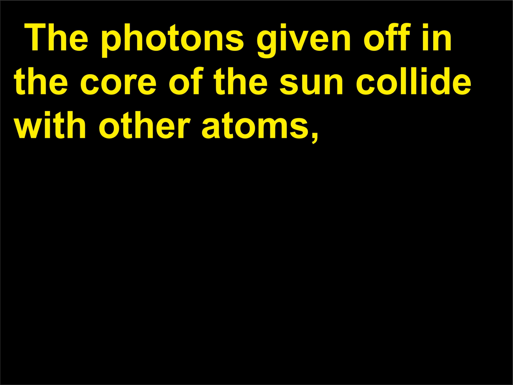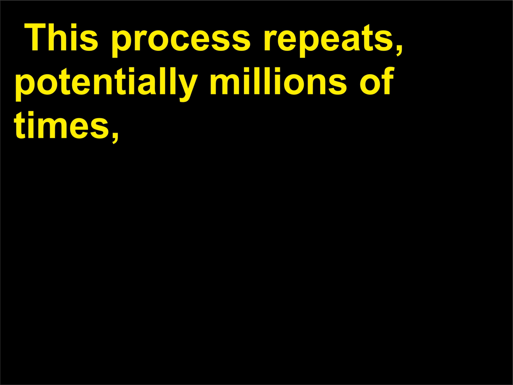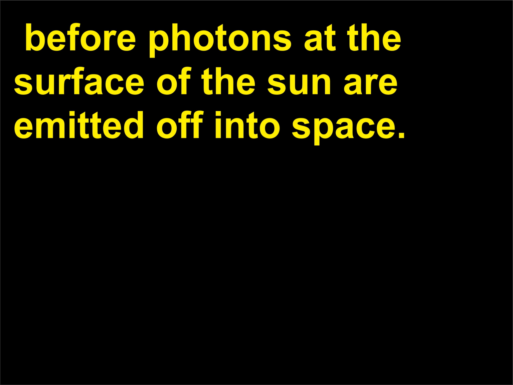The photons given off in the core of the Sun collide with other atoms, which absorb photons and, in turn, give off additional photons. This process repeats, potentially millions of times, before photons at the surface of the Sun are emitted off into space.